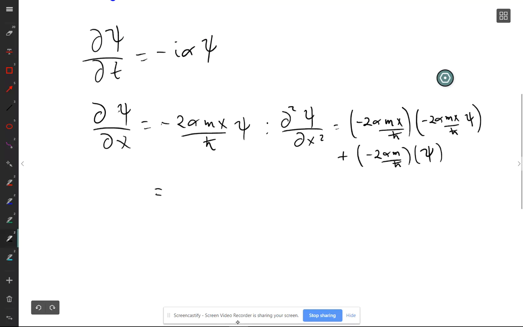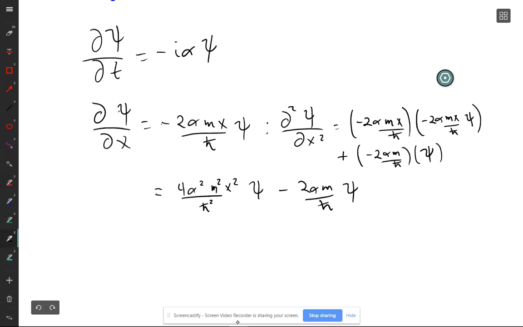Which I will just multiply through all the way and not try to collect terms. 4 alpha squared m squared x squared over h bar squared psi minus 2 alpha m over h bar psi.